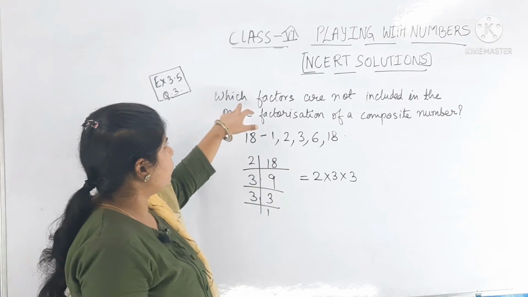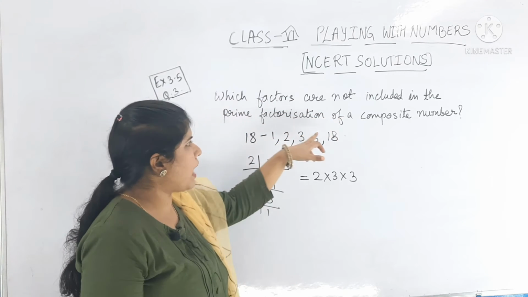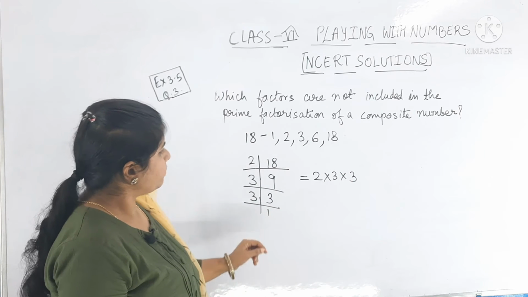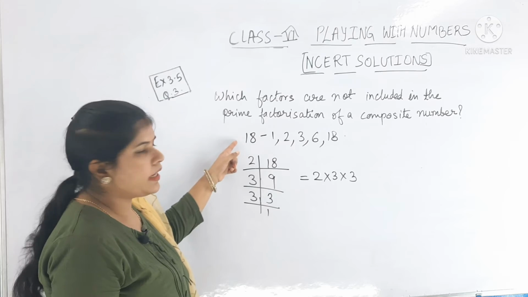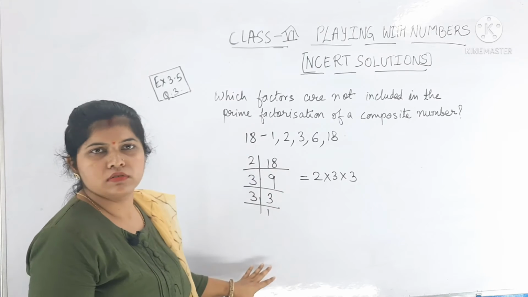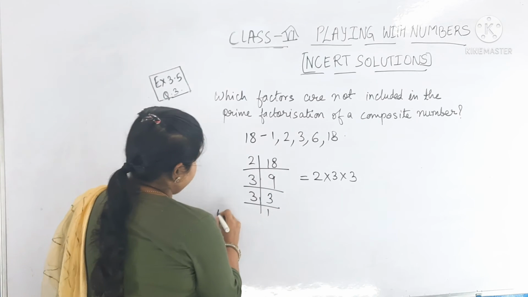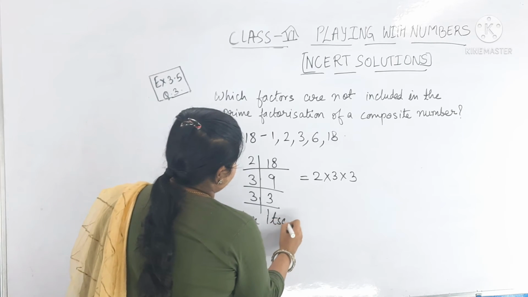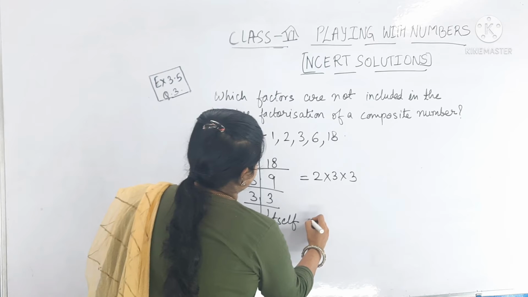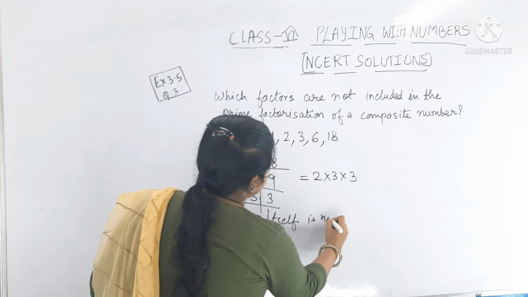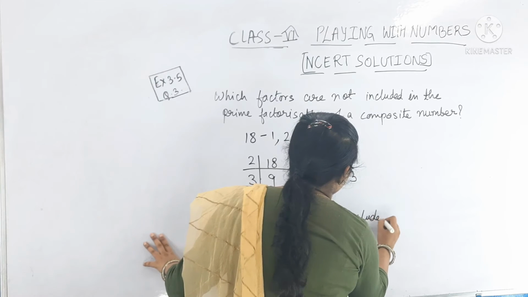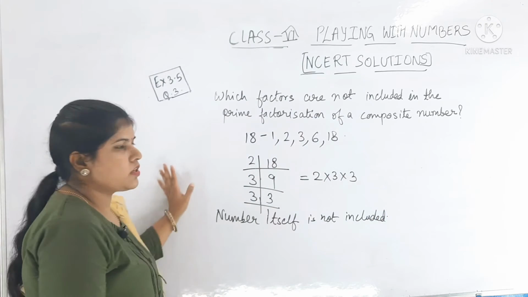The question asks which factors are not included in the prime factorization of a composite number. 18 is the composite number, right? So the number itself is not included here. So the answer is that the number itself is not included. So that is the answer for question number 3.